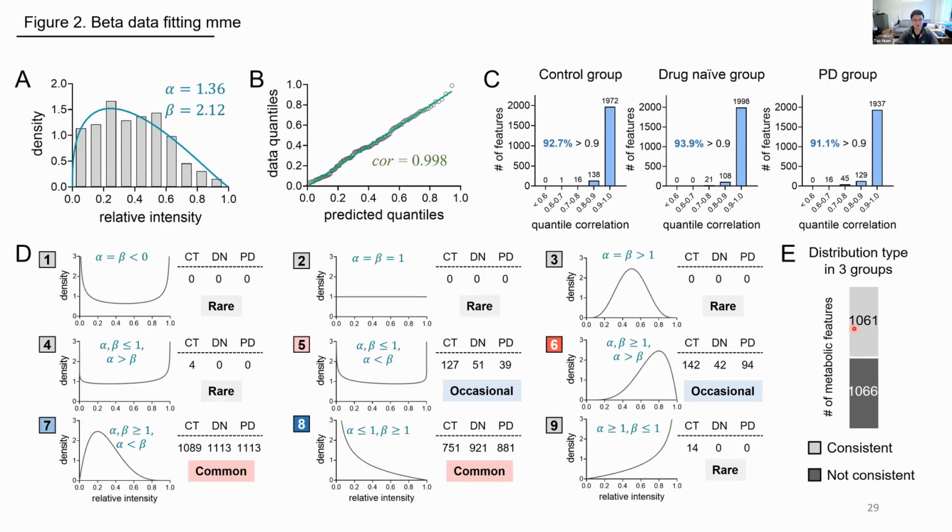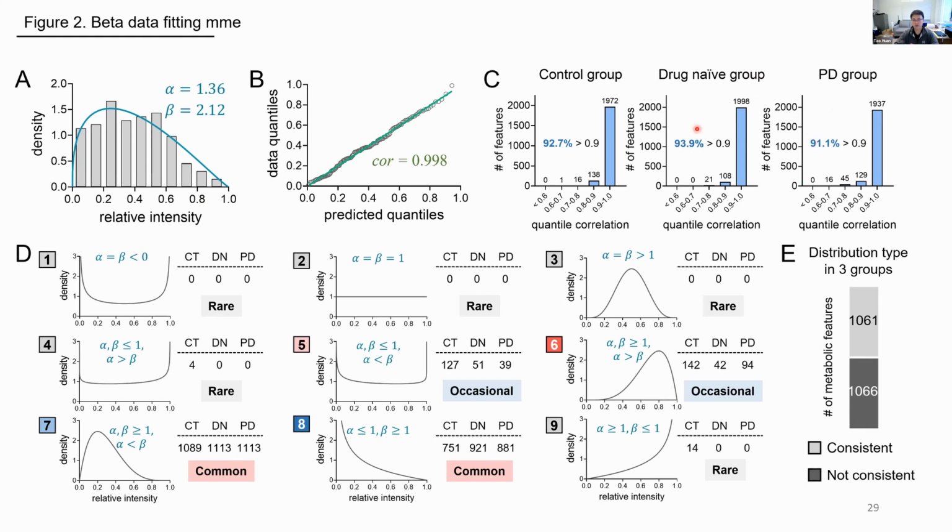To understand this, we need to first understand the distribution of the metabolic features. So here we propose using a beta distribution to fit metabolomics data. The beta distribution has two values, an alpha and a beta. By changing the alpha and beta values, it allows you to fit metabolic features with different signal distributions. Here we took a publicly available Alzheimer's disease data set, a large data set with, I think, over a few hundred samples per group.